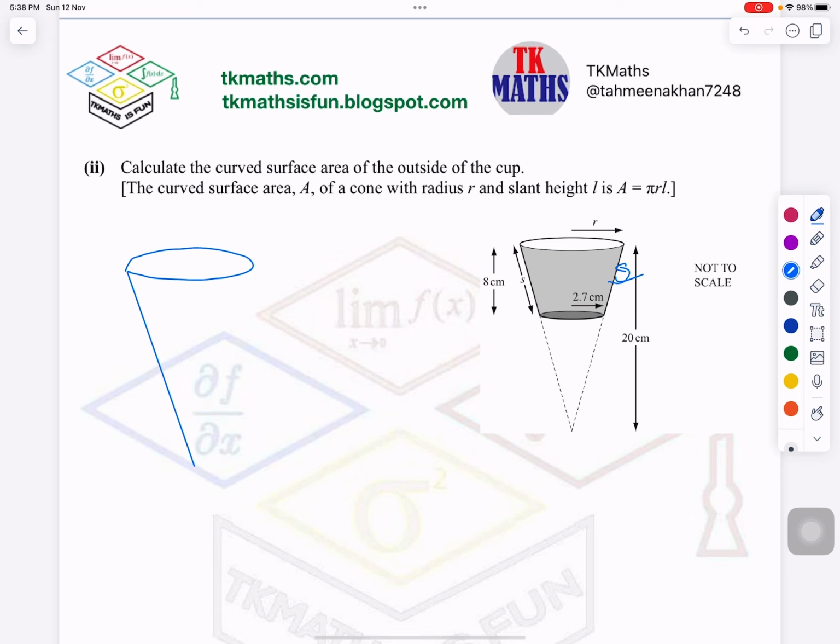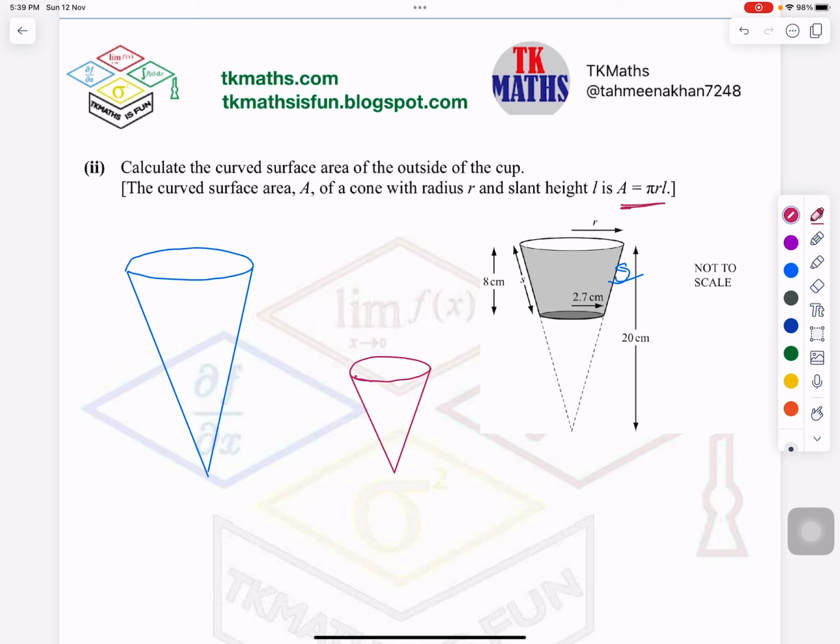Because I don't know the formula for the curved surface area of the shape of the cup, but cone I do know. So I will find out the curved surface area of a bigger cone and a smaller cone, because we know the curved surface area of the cone. Do you also know? If not, it is given in the question also.